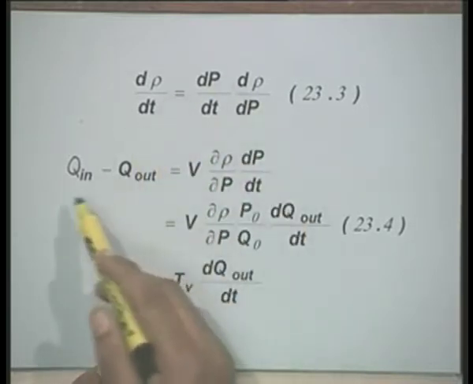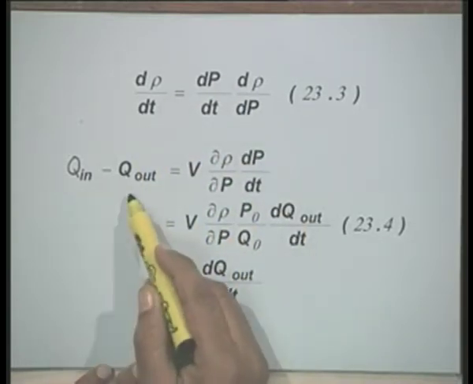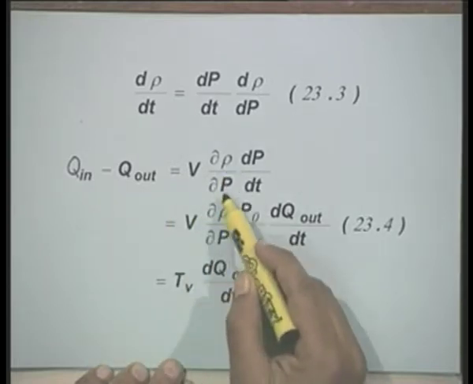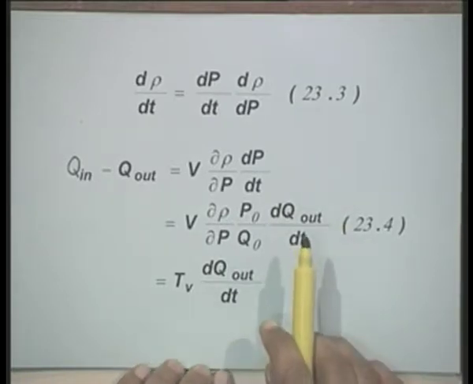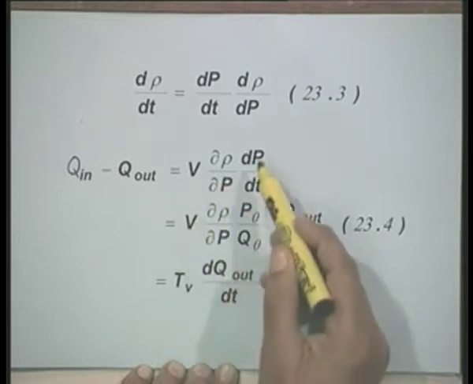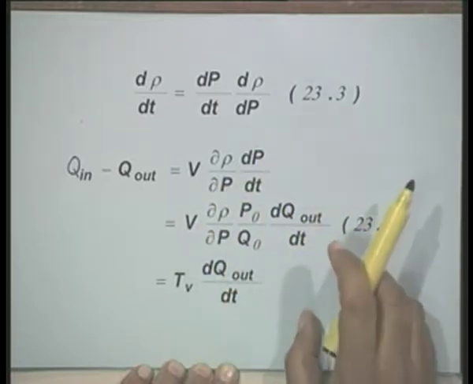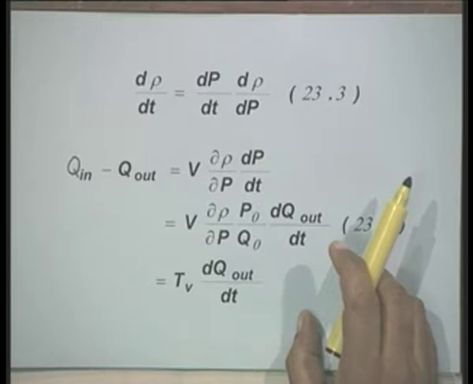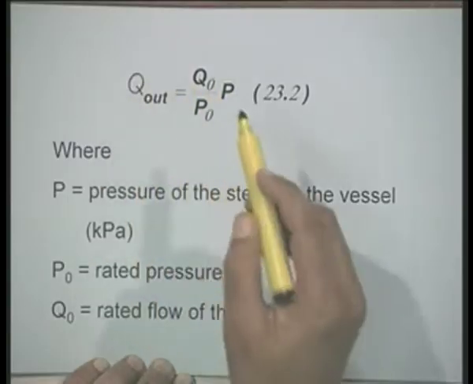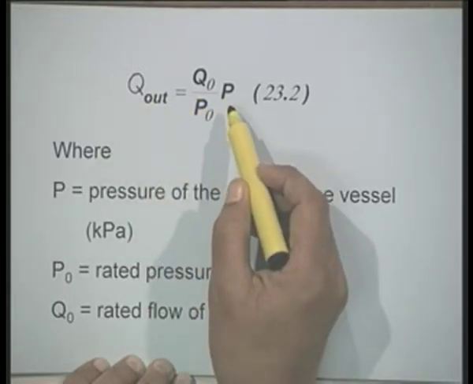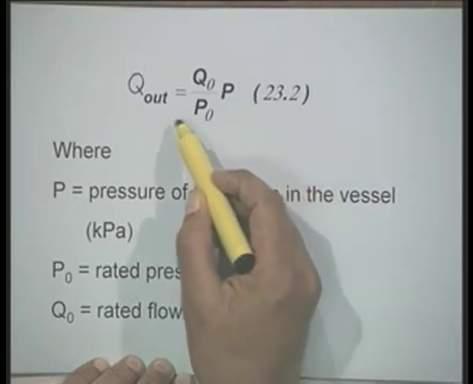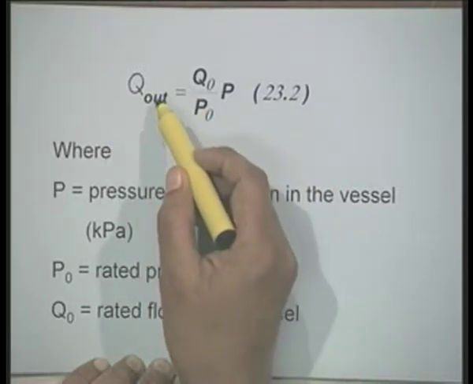Then we substitute this expression in our continuity equation, and we get Qin minus Qout equal to volume into d rho by dp into dp by dt. Now, here dp by dt can be replaced from the pressure expression by taking its derivative. So you can write dp by dt is equal to Po by Qo into dQout by dt.